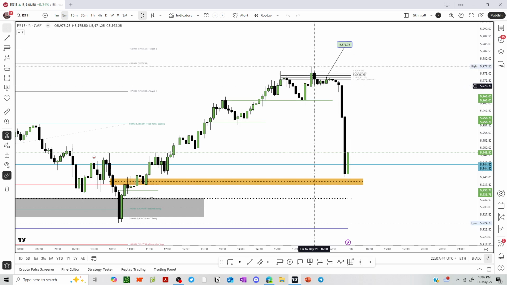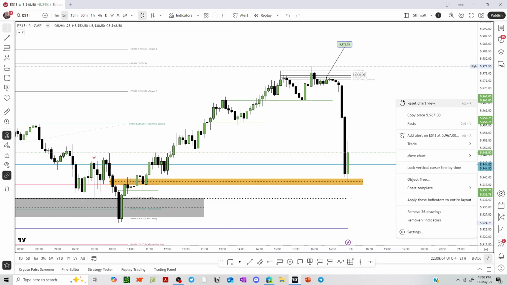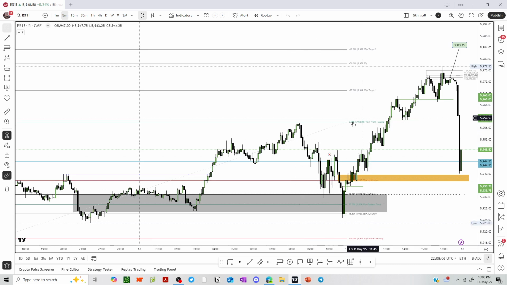Drop. 2, 3. And pull back into a quarter of this wick. And we bleed out. So that's pretty good. That's pretty nice to me. I like that.